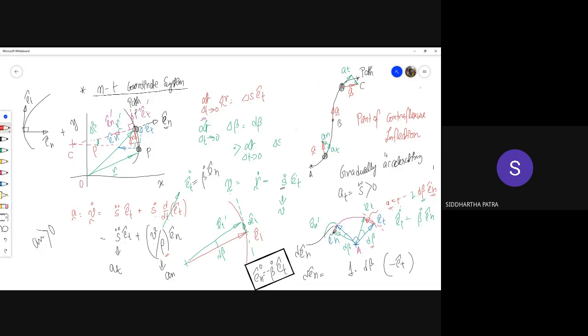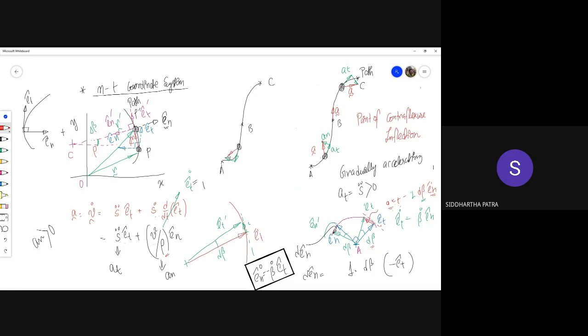Now you can find such a point even when the particle is gradually decelerating. Same S-shaped path and same 3 points. Now imagine the particle is somewhere over here and it is gradually decelerating, so its tangential component of the acceleration is pointing in this way, and its normal component of the acceleration is of course towards the center of rotation, the instantaneous center of rotation.